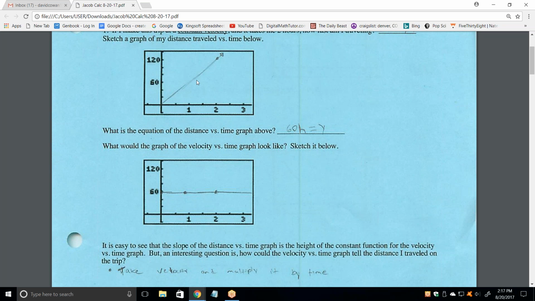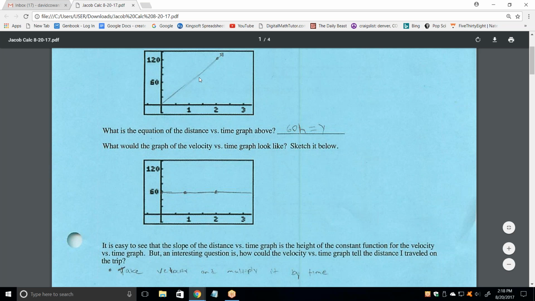What's the rise divided by the run? Just over 1. What is it? 60. Yeah. Well, notice that's what the velocity is, 60. That's not accidental. In other words, velocity is the slope of the position function.